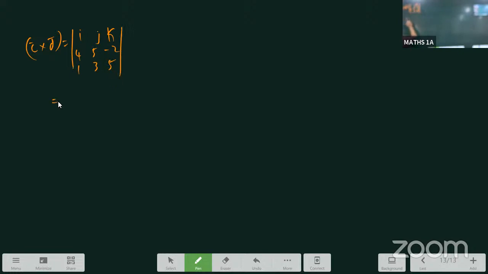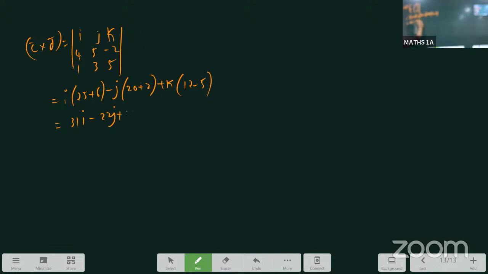That is equal to i into 25 plus 6, minus j into 20 plus 2, plus k into 12 minus 5. That is nothing but C bar cross D bar: 31i minus 22j plus 7k.